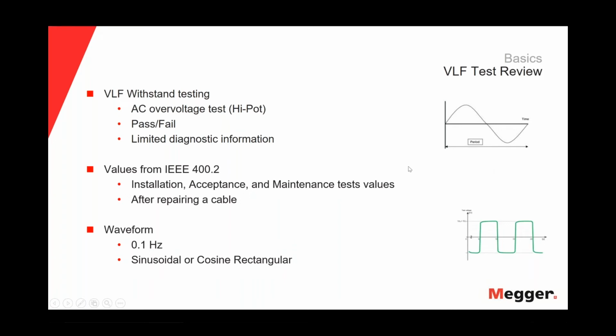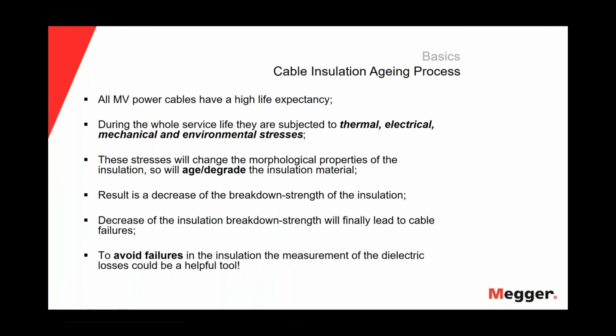Okay, so let's start with the cable insulation aging process. Today, in the present, we could say that all medium voltage power cables have a high life expectancy. Okay, but during the whole service life, they are subject to thermal, electrical, mechanical, and environmental stresses. And these stresses will change the morphological properties of the insulation.